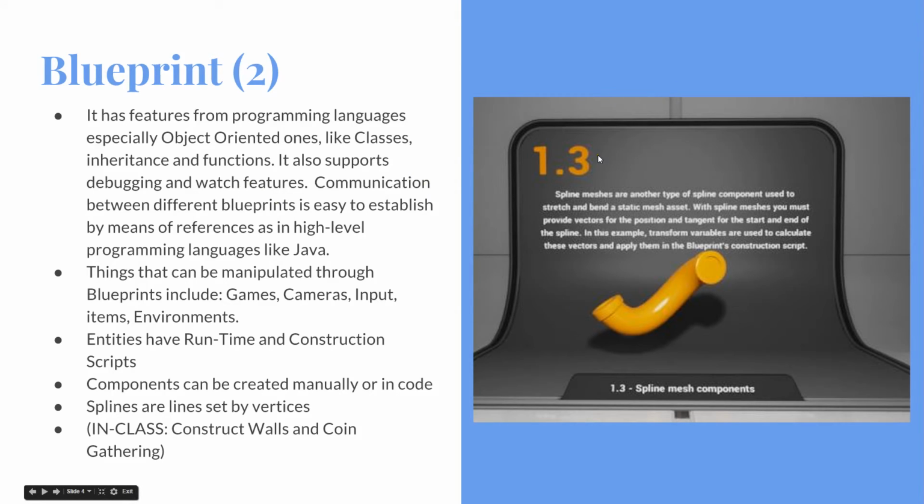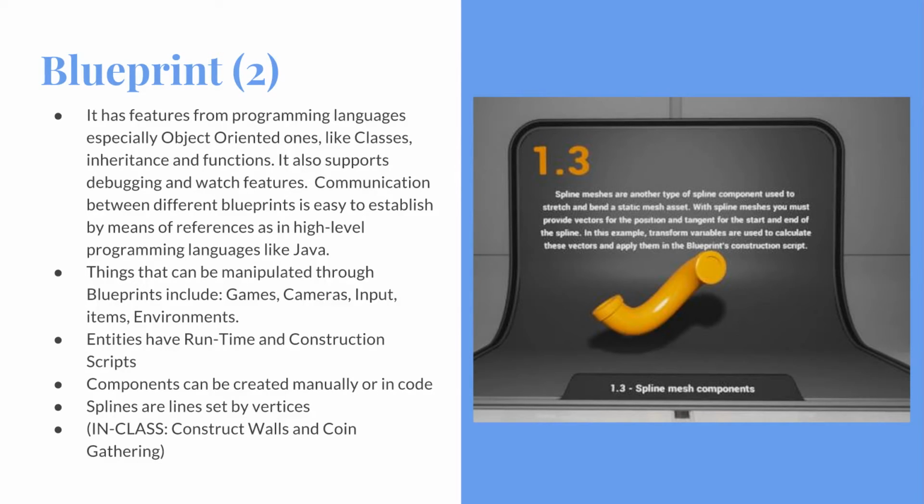It also allows you to debug, as we've seen. It tells us what the errors are and where they are, and we can watch certain variables to check their issues. We can put almost anything in blueprints, but not everything.